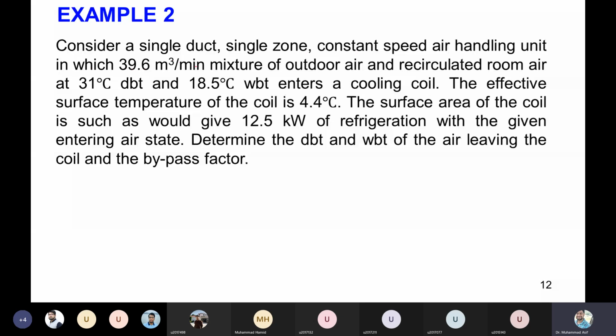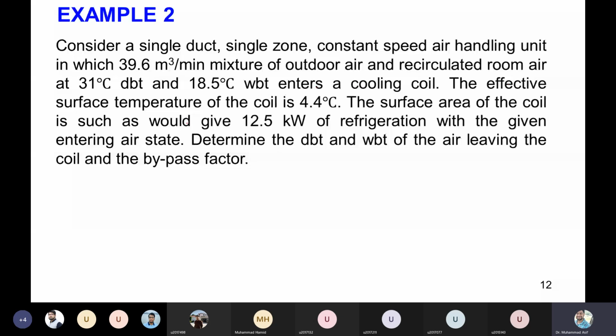cubic meters per minute of a mixture of the outdoor air and the recirculated room air, which is at 31 degrees C dBT and 18.5 degrees C wet bulb temperature, enters a cooling coil.